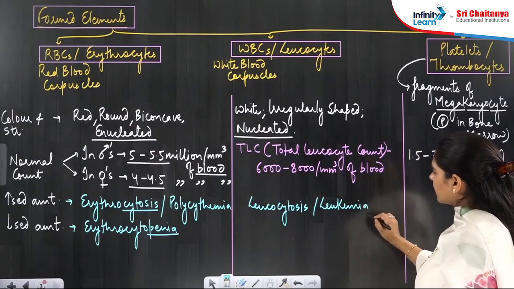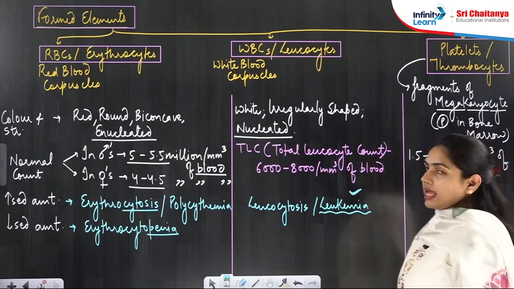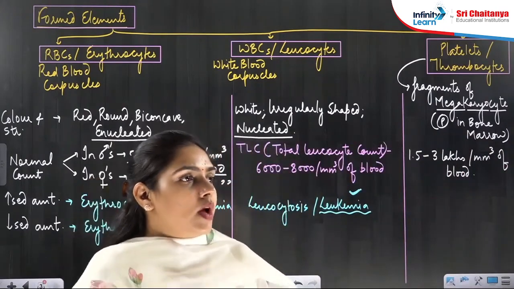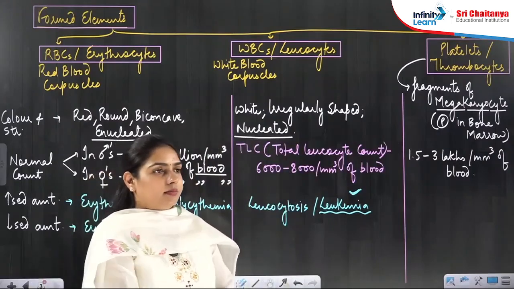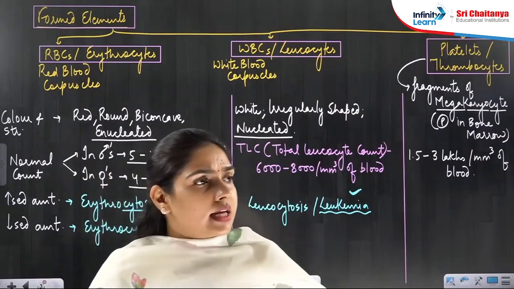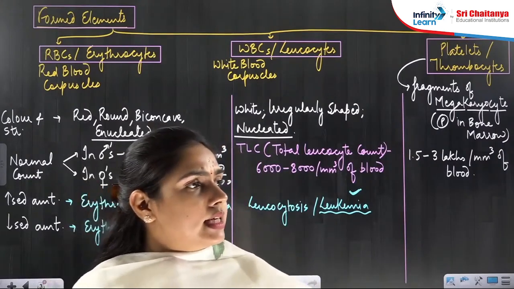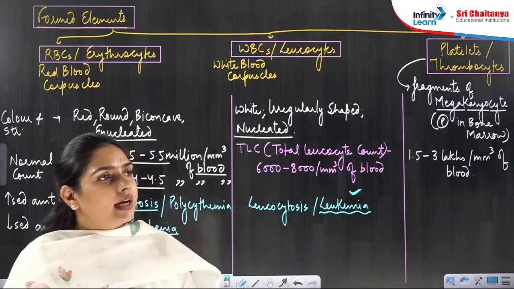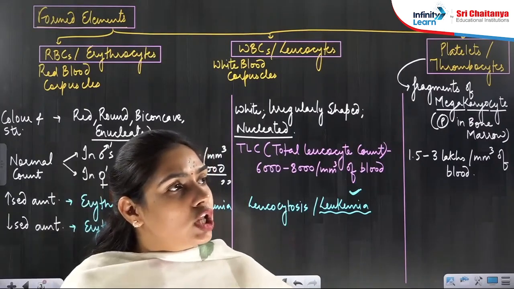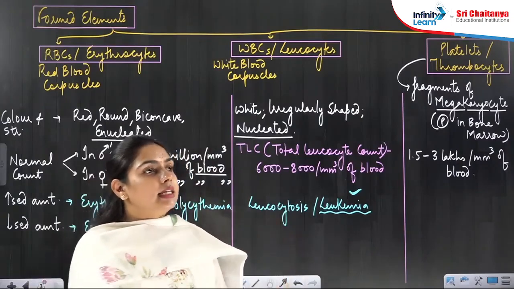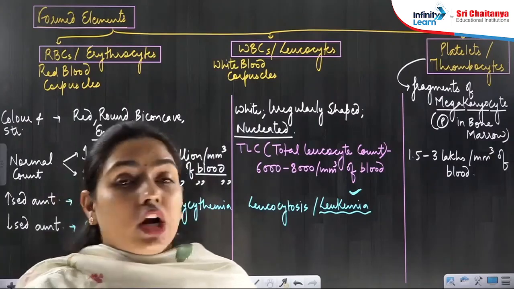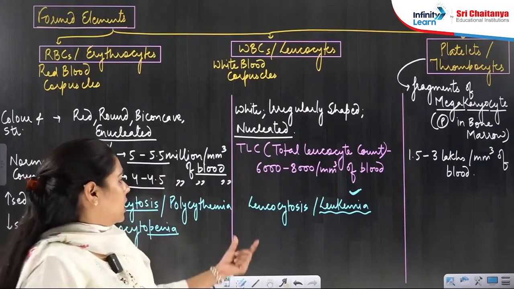What is leukemia? Can anybody tell me, beta? Venkata says an increased rate of WBC is leukocytosis. Yes, beta, leukocytosis, you are correct. Leukemia is also increased, and decreased is leukocytopenia. Alright.